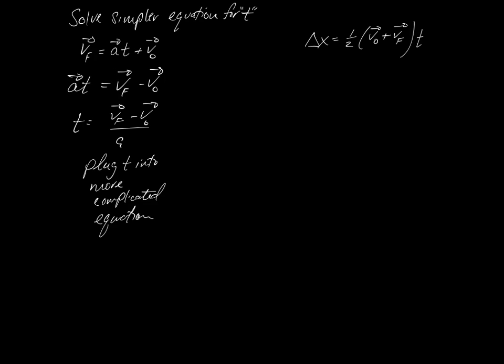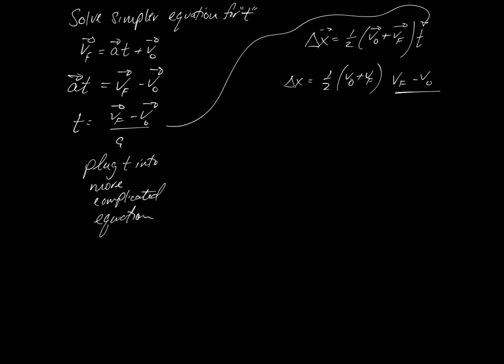So I'm going to plug this in for time right there. I get delta x equals 1/2 V initial plus V final, and then in place of t, I'm going to write V final minus V initial over A, right? And I'll put vector symbols to show that these quantities are actually vector quantities.